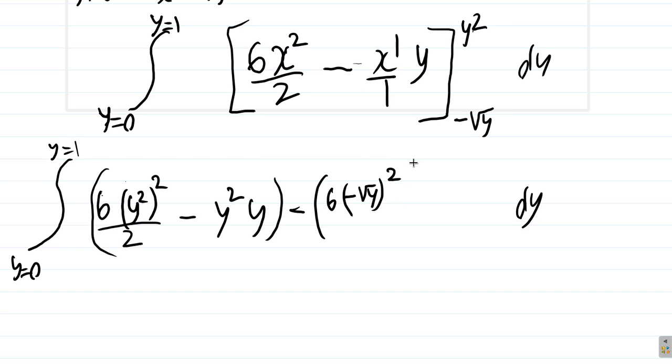Alright? So then this is x, you put negative square root of y where x is. And you remember it is squared. So it's negative square root of y, and that is squared. Okay? Over 2 minus, and then here x is negative square root of y times y.